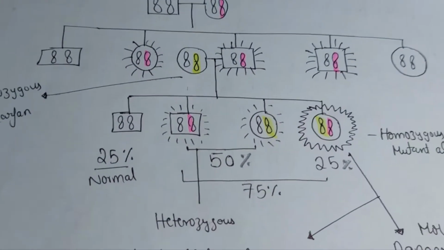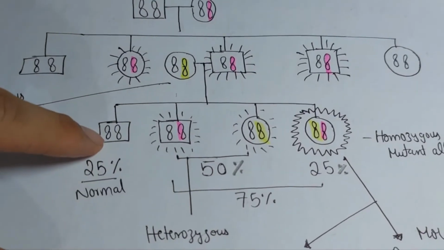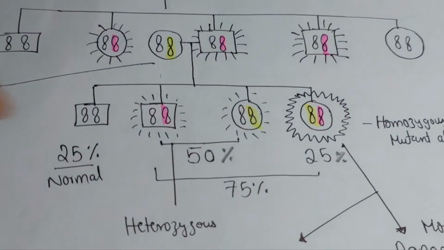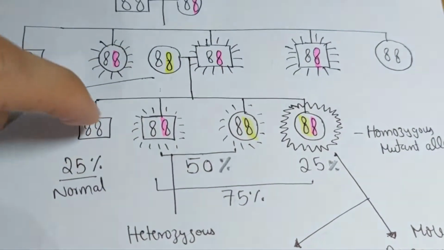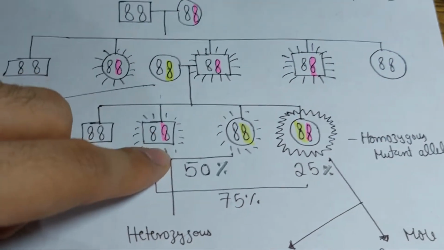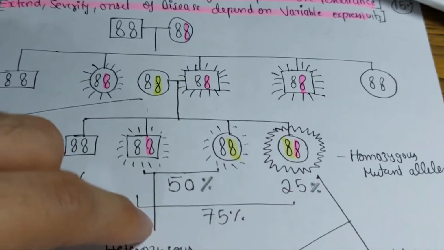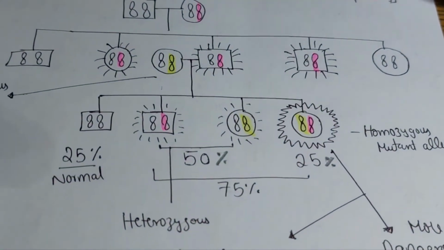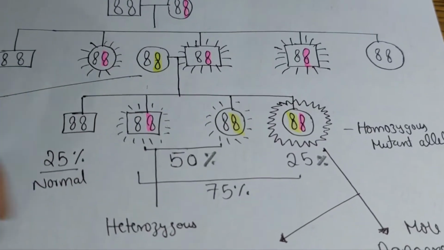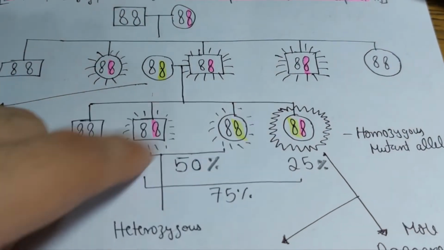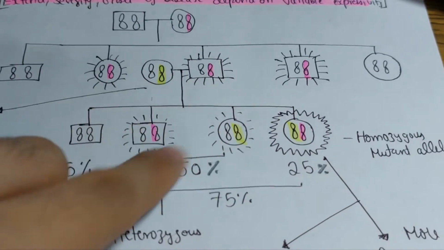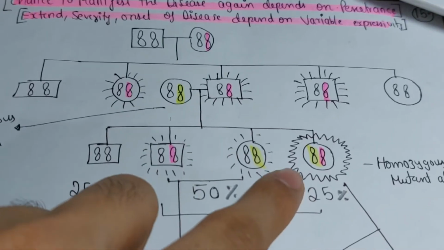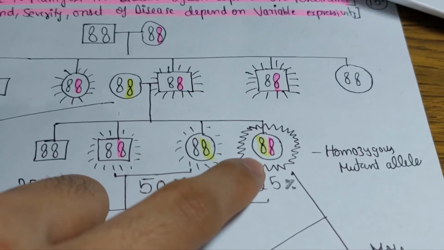In their progeny, 25% of the progeny is going to have normal genotype as well as normal phenotype. 75% of the offspring is going to have abnormal genotype, out of which 50% are heterozygous for the mutant allele, whereas 25% are homozygous for the mutant allele.